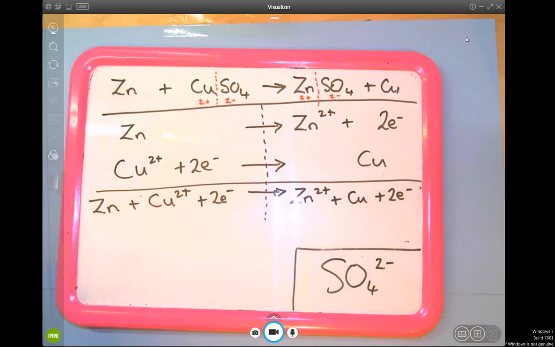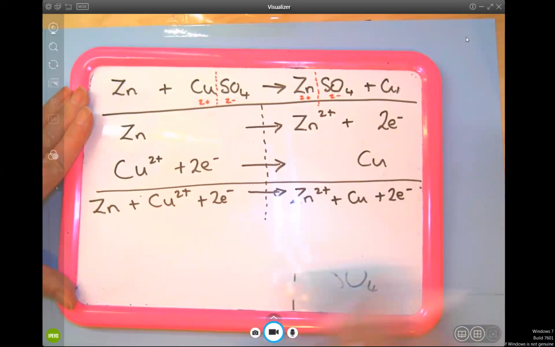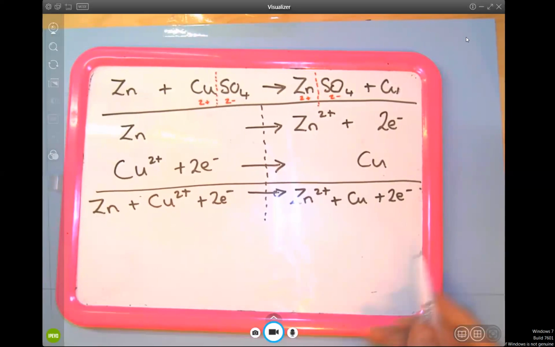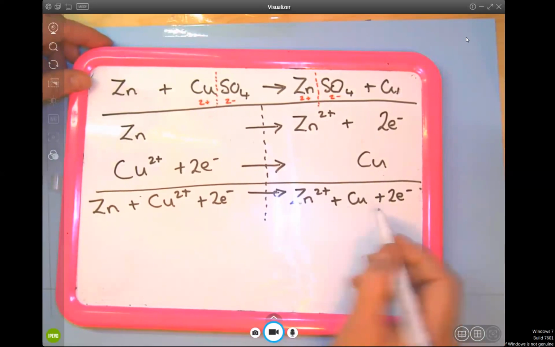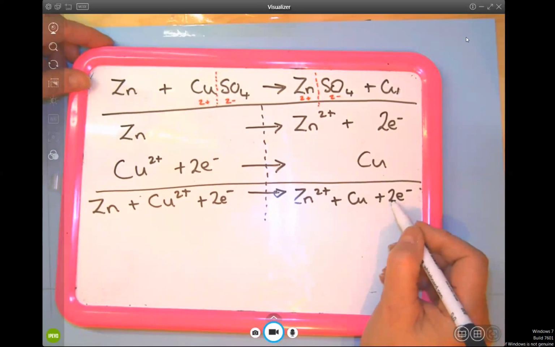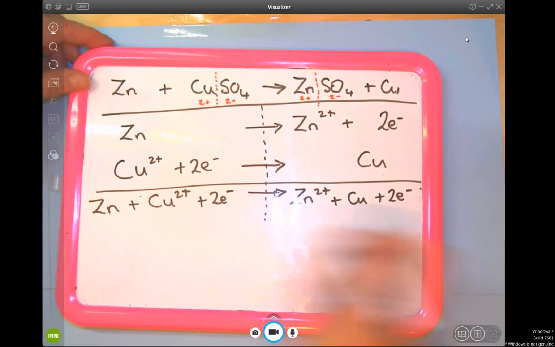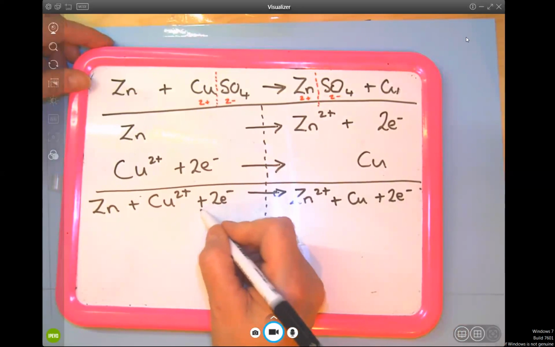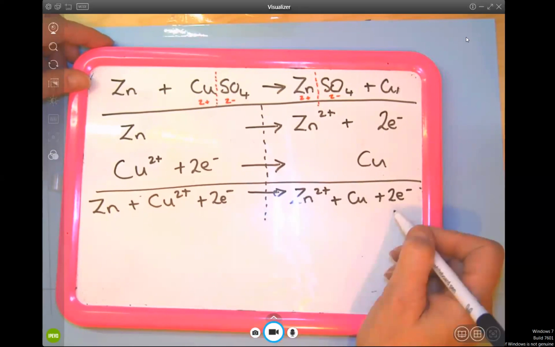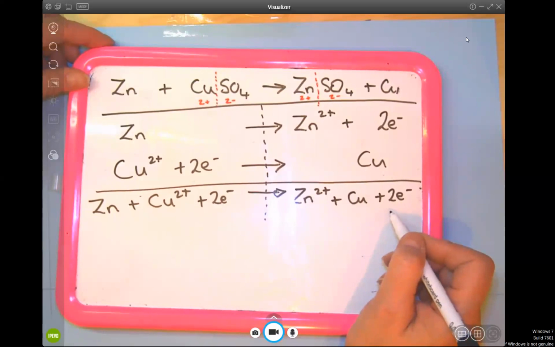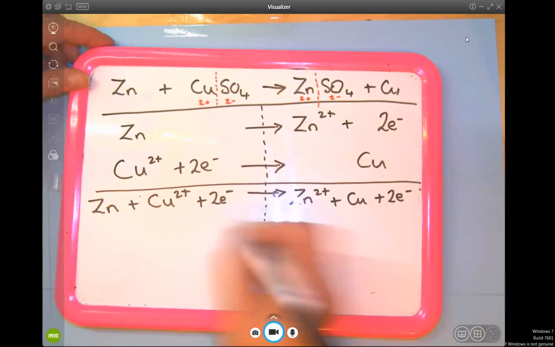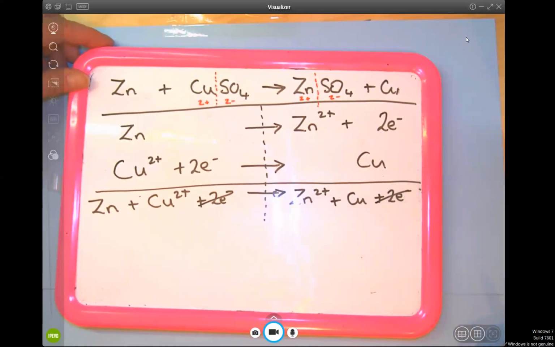Now I can simplify that because I've got plus 2 electrons on each side. The electrons that the zinc released, the copper picked up. If I took this to the other side, just like a mathematical equation, it would become minus 2 electrons, so these cancel out.